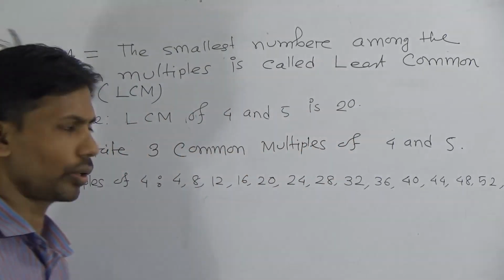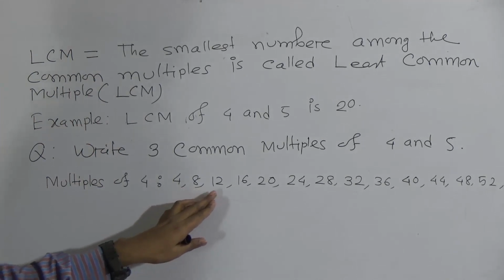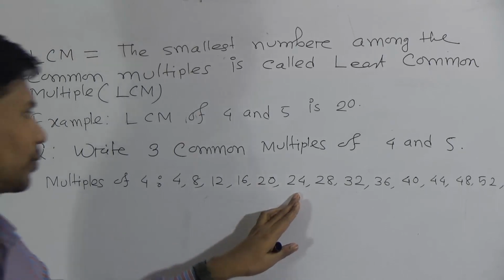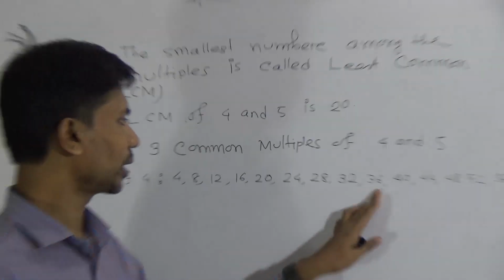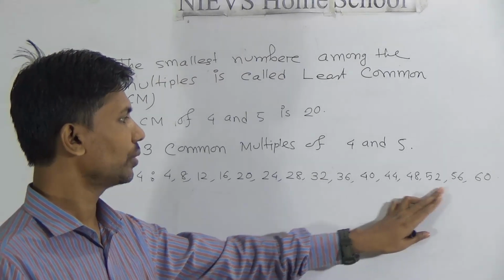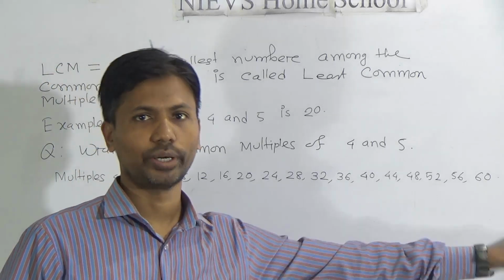This is going on. You see, the multiples of 4 are 4, 8, 12, 16, 20, 24, 28, 32, 36, 40, 44, 48, 52, 56, then 60, like this way.